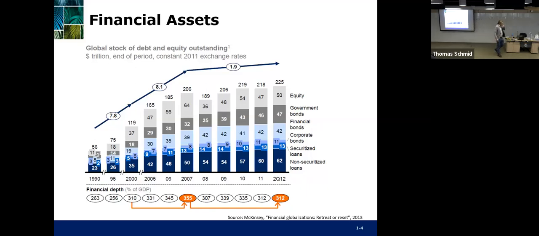Sorry. What is the difference between a bond and a loan? There is one core difference between a bond and a loan. Both are fixed income, right? Both are debt. What means fixed income? Well, simply, in the contract, it is written what will be paid in the future, right?